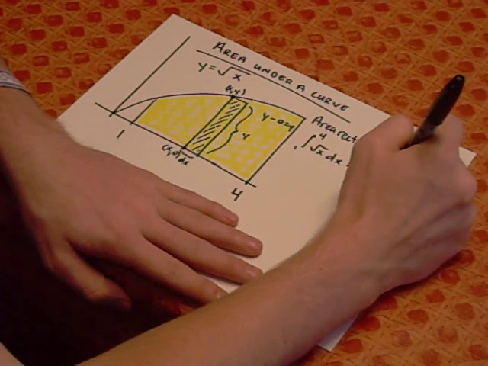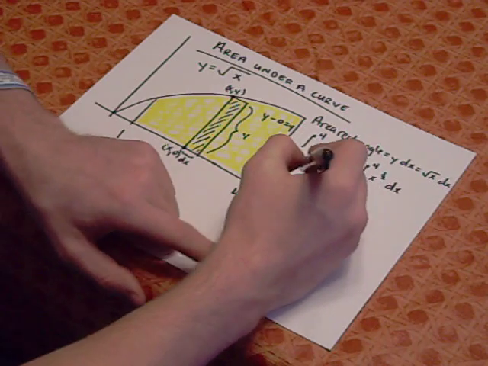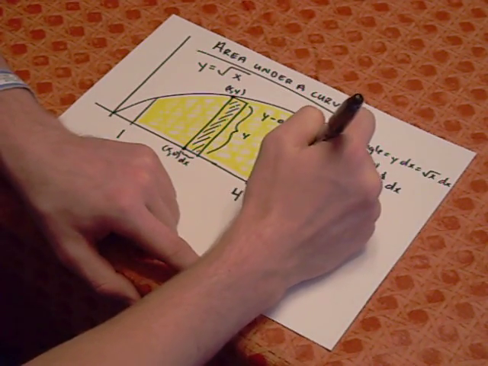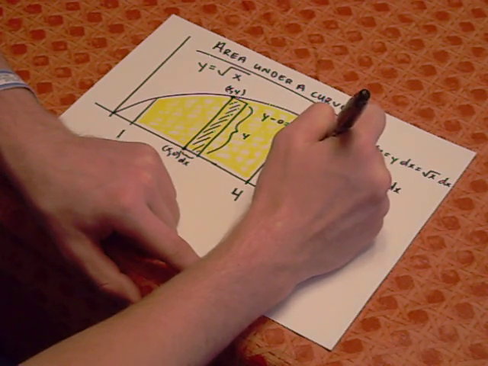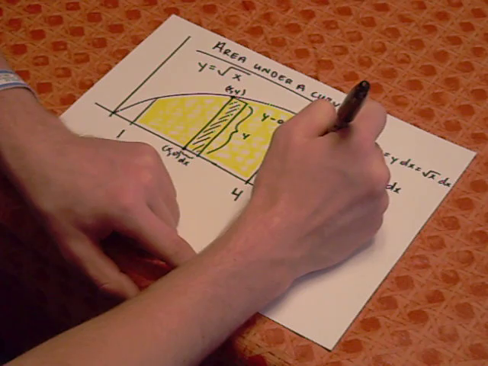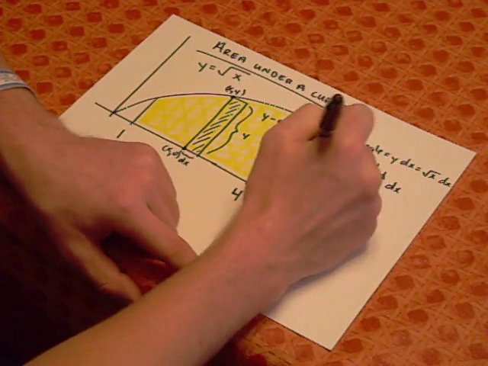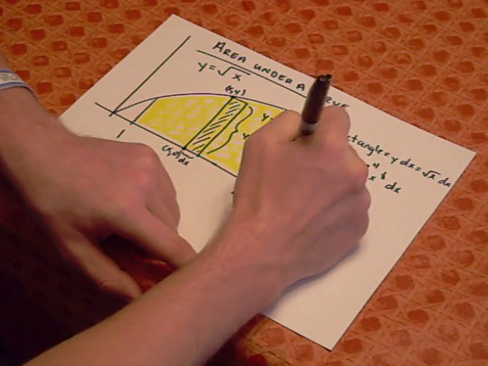And our limits stay the same, and it's still a dx. Now, when you integrate, you add 1 to the power, so adding 2 over 2 to 1 over 2 is 3 over 2, and you put that over your new power here, your 3 over 2.